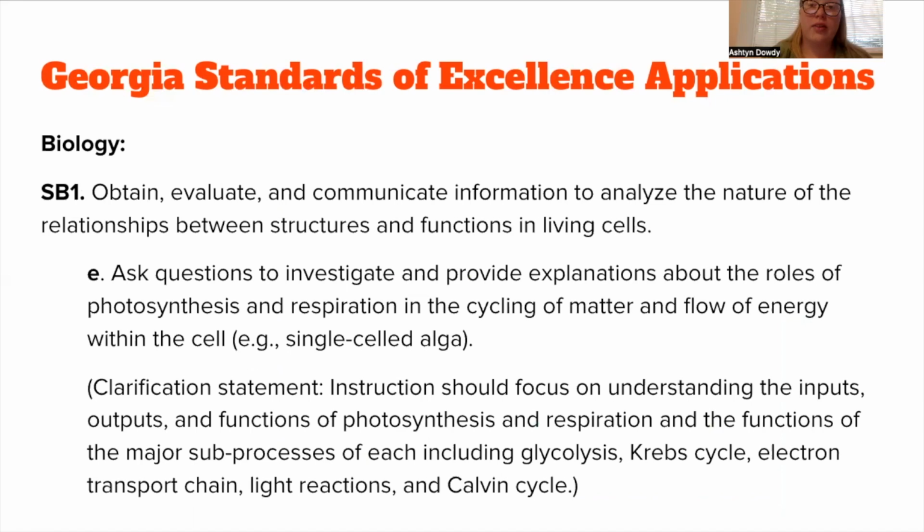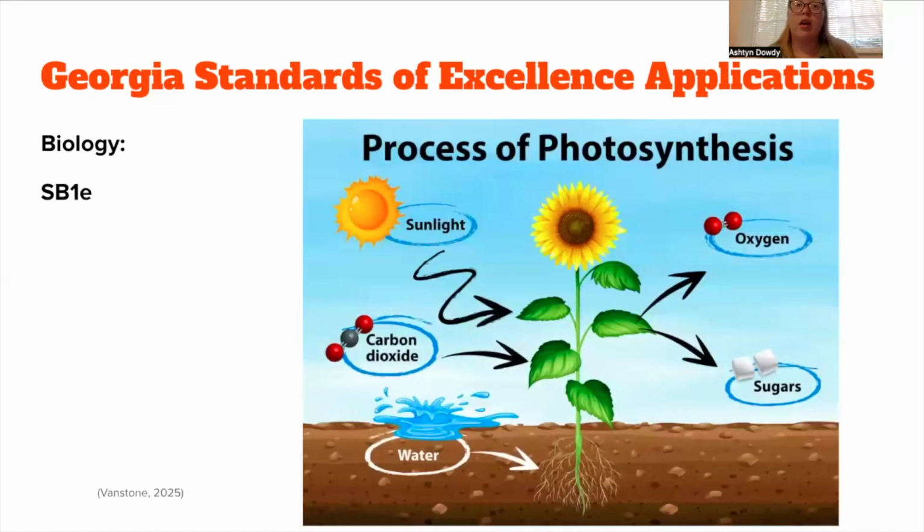Another unit you could apply this to is your cell energy unit. So talking about photosynthesis, cellular respiration, all that good stuff. So again, you can grow the various plants and plant life and vegetables and things like that in your garden, and do a couple different photosynthesis experiments, right? So looking here, inputs for photosynthesis, right?